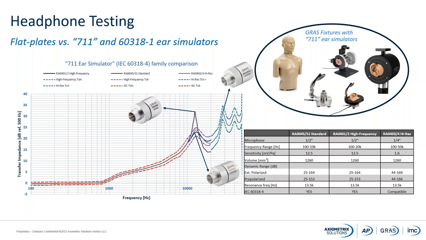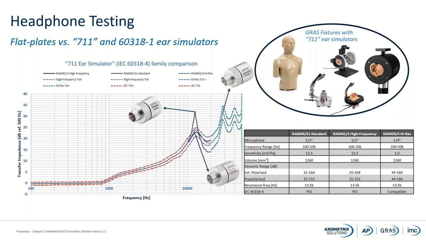The dotted line is actually the tolerances given from the standard. And the standard describes that you can use this ear simulator from 100 Hertz up to 10 kilohertz with these tolerances as given with the red dotted line.